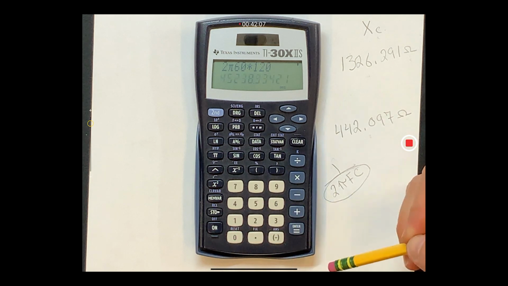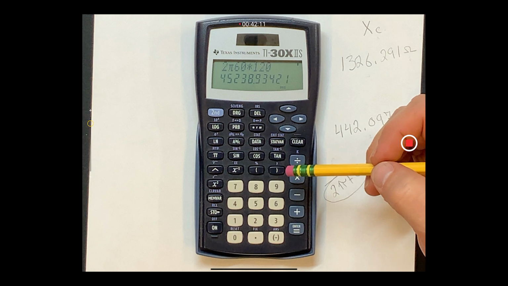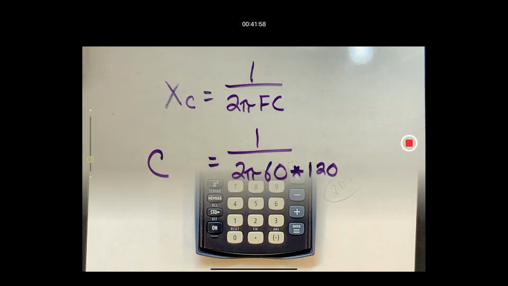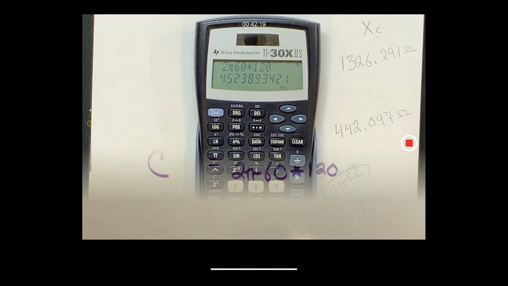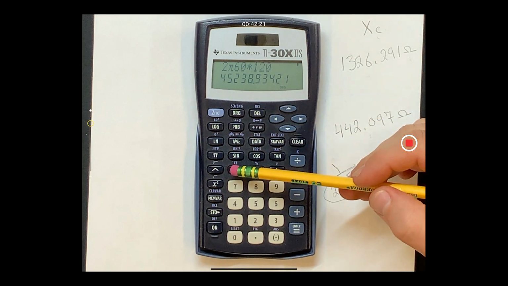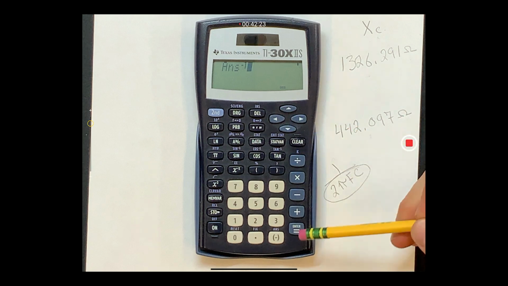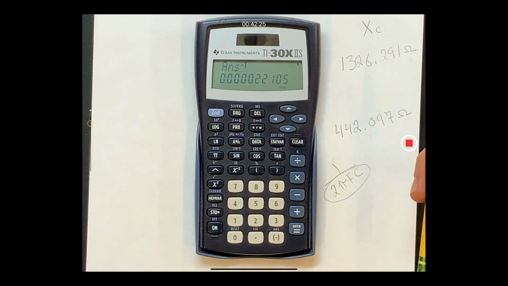I'm going to go ahead and equal that out, and then because it is on the denominator side, I still have to find the reciprocal. So go back to the calculator, hit the reciprocal of the answer, equals.